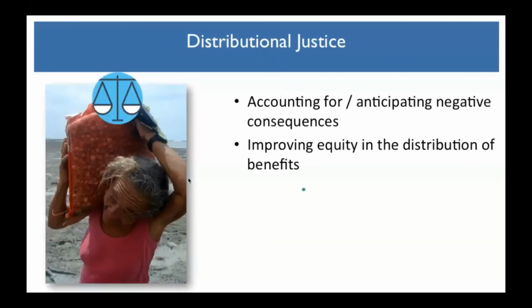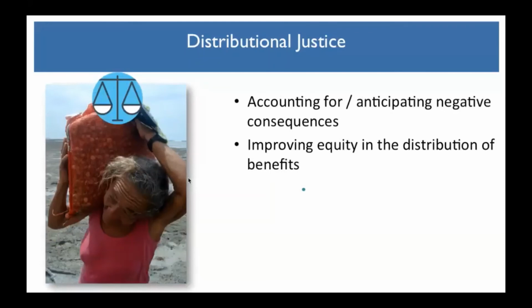And we are talking about distributional justice, which is perhaps where we have more room to advance a socially just agenda. Because here we can anticipate negative consequences of MSP, for example. But more than that, it's a chance for us to improve equity in the distribution of benefits.